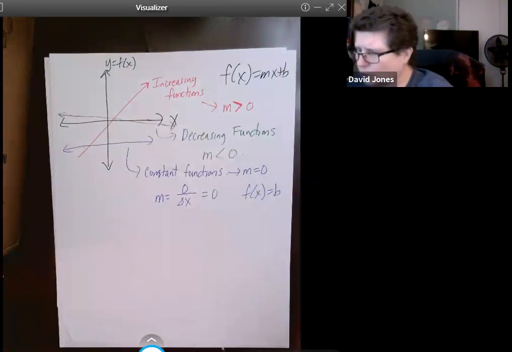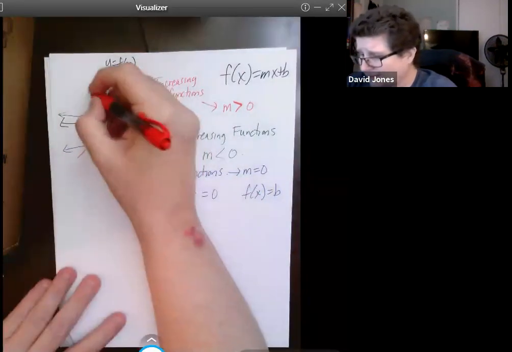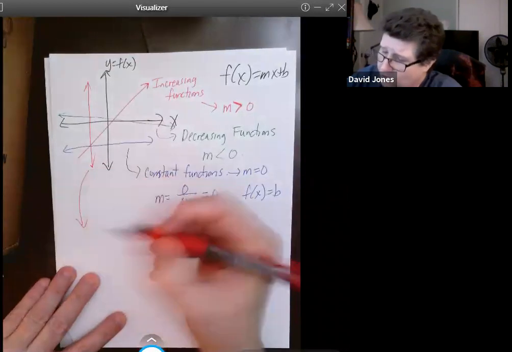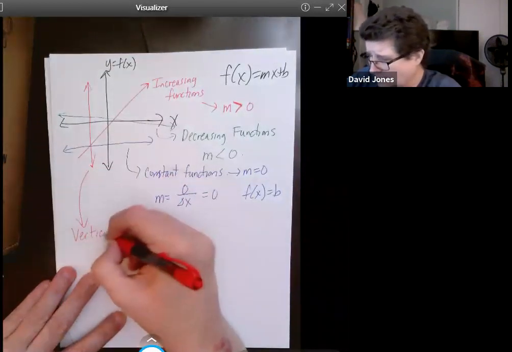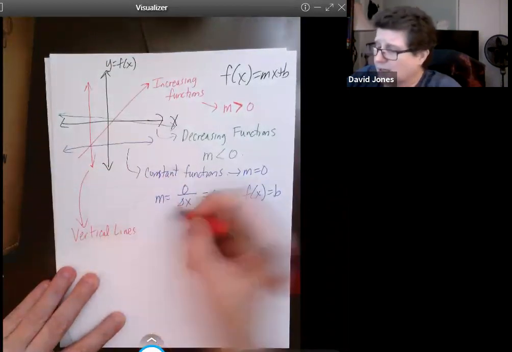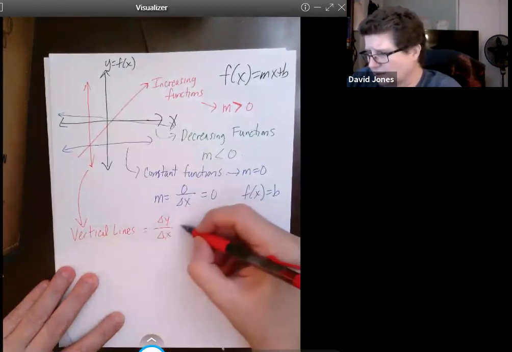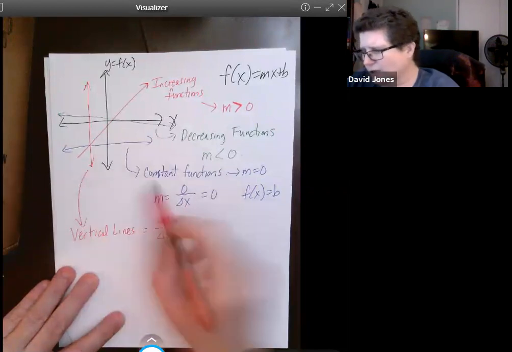What about a vertical line? Red for the vertical line. If I have a vertical line right here, we have a change in y over a change in x, but x is not changing. We're not going left or right.